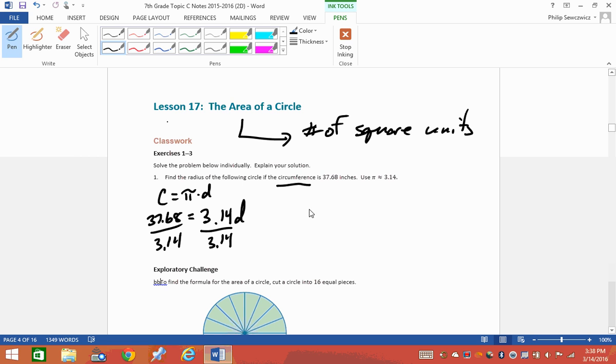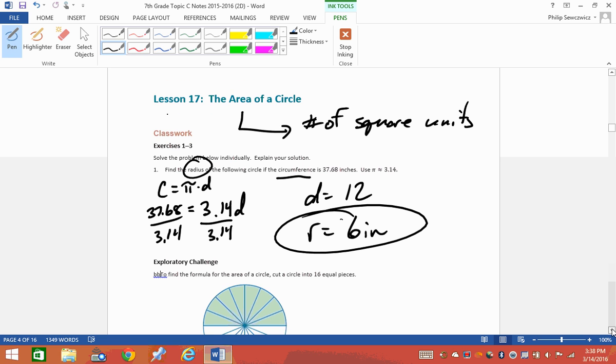We can solve our equation and just plug it right in. If you reach for your calculator and type in 37 and 6800ths divided by 3.14, oh my, a crisp clean 12. But they asked me to find the radius, so take the diameter, chop it in half, and hello, radius. So it is 6 inches.